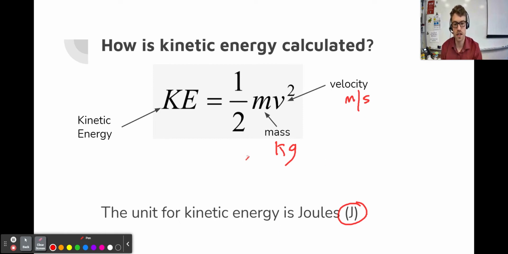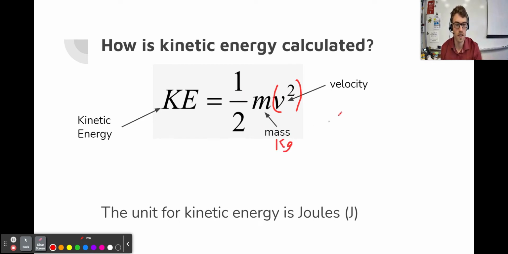One thing to note here is that we have to make sure that we use our math properly. I know that they don't necessarily teach order of operations the same way for you all as they did when I was a kid. This squared part only applies to the velocity. The squaring does not apply to the whole thing.